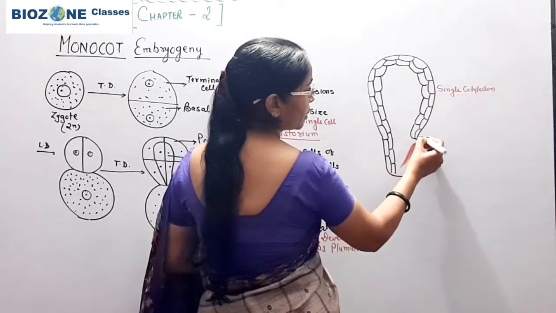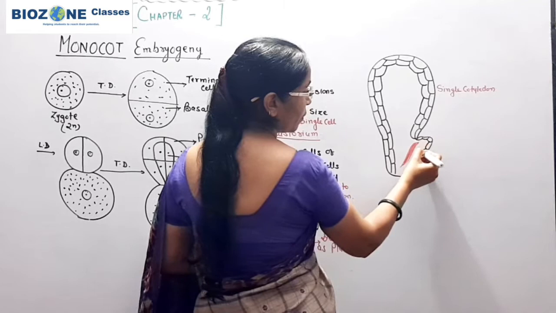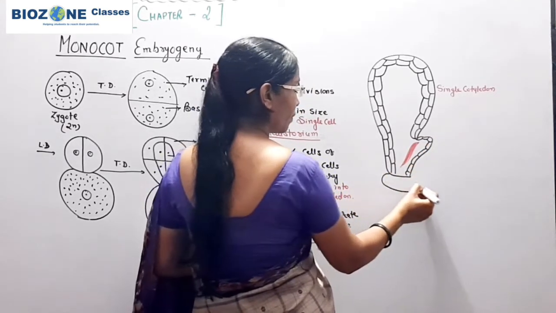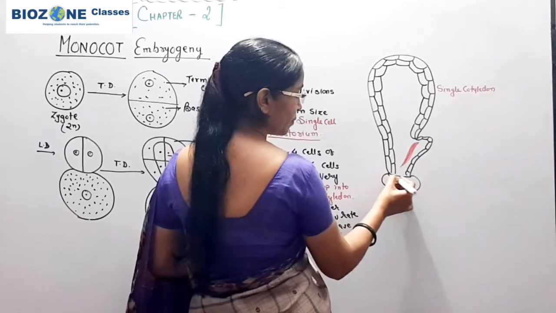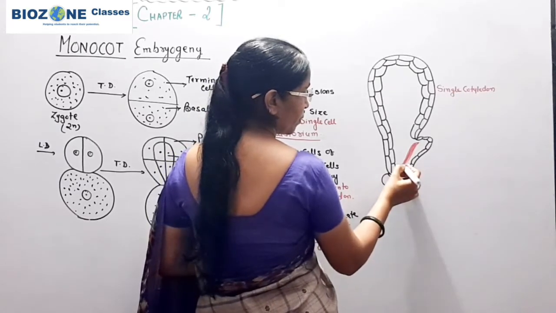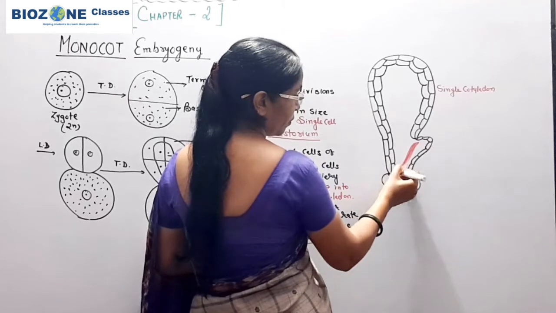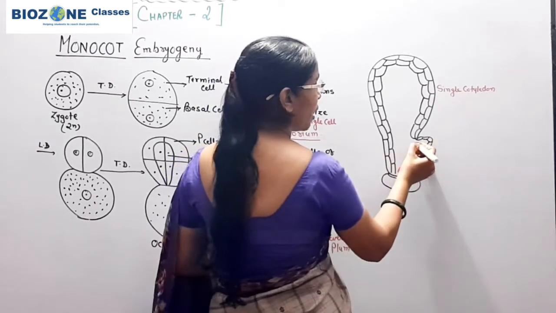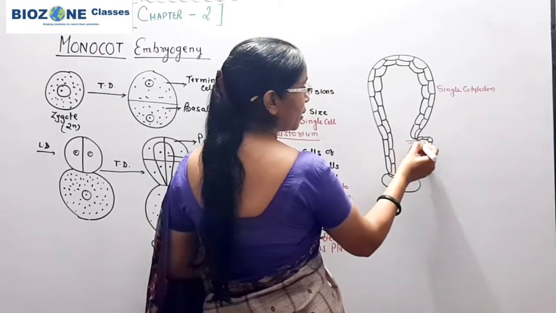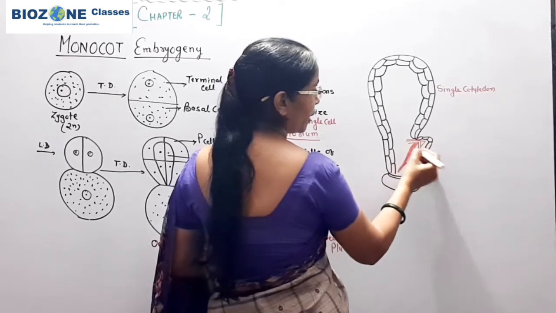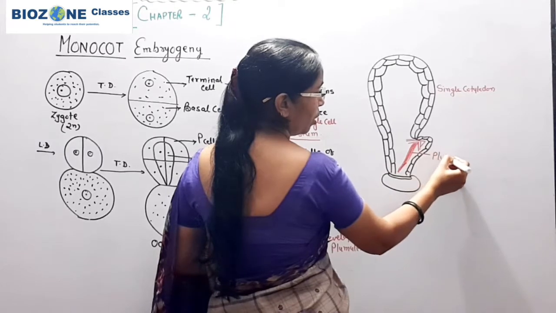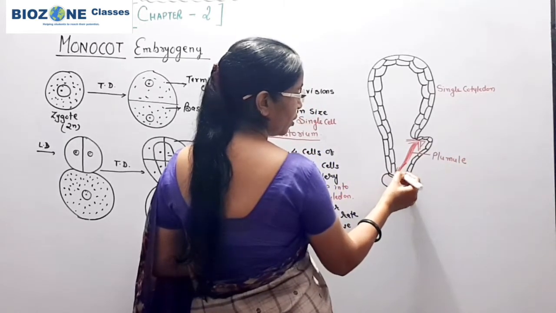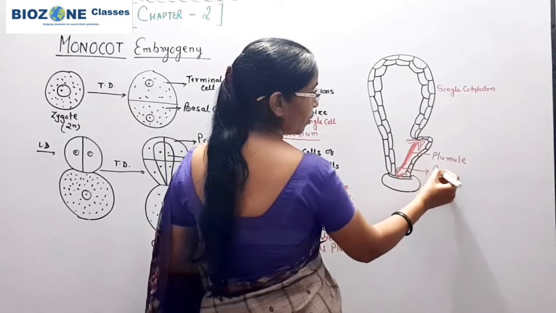This part, you remember, is the embryonal axis. The upper half of the embryonal axis is called the plumule. The lower half of the axis is called the radicle.